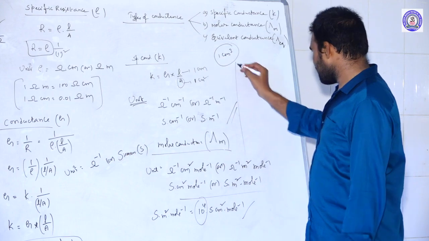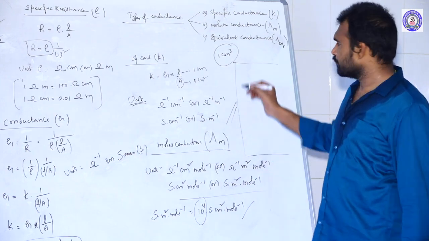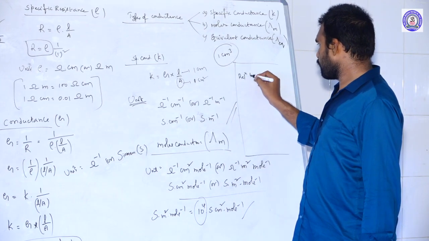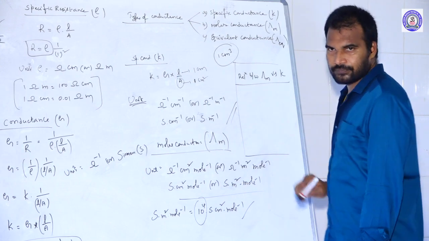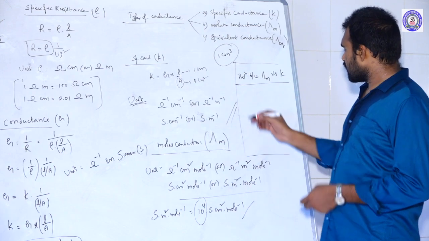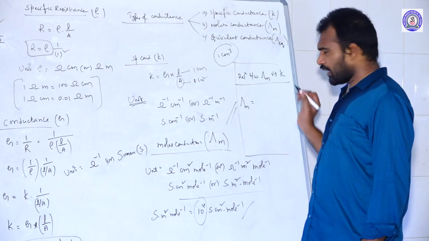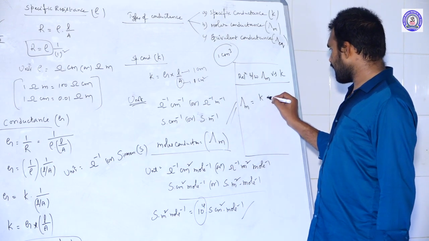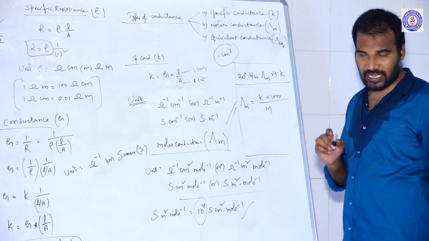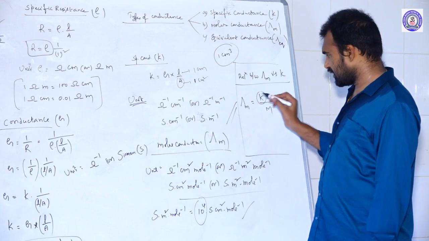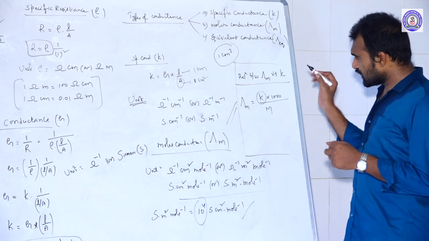Now this relation is very important: the relation between molar conductance versus specific conductance. The molar conductance Λ M is equal to specific conductance into 1000 by molarity, where for specific conductance, units are very important.